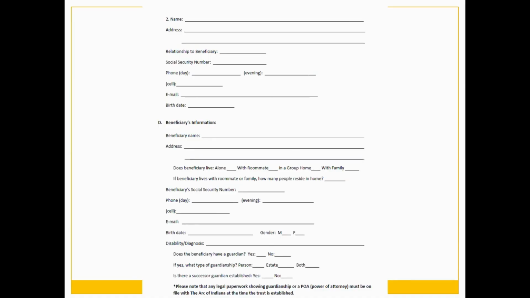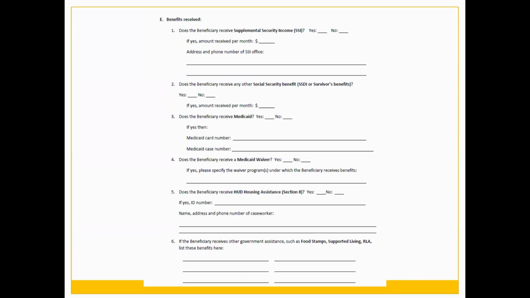Section D is the page where we ask for information about the beneficiary, and the beneficiary is going to be the person who will be benefiting from the financial resources in the trust. So the beneficiary information and their contact information is what we're asking for in Section D. Section E is where we ask for information about the current benefits that the beneficiary is receiving.